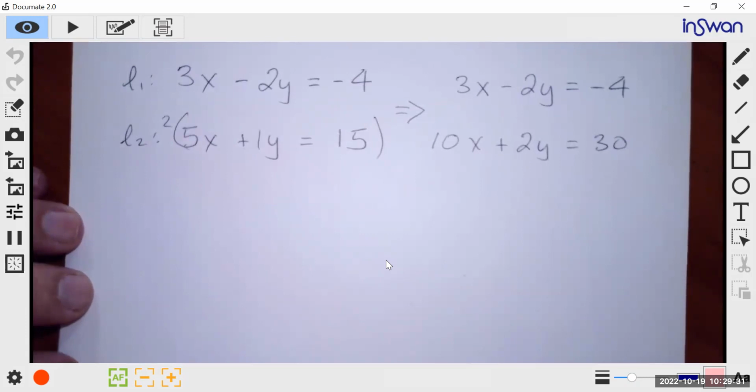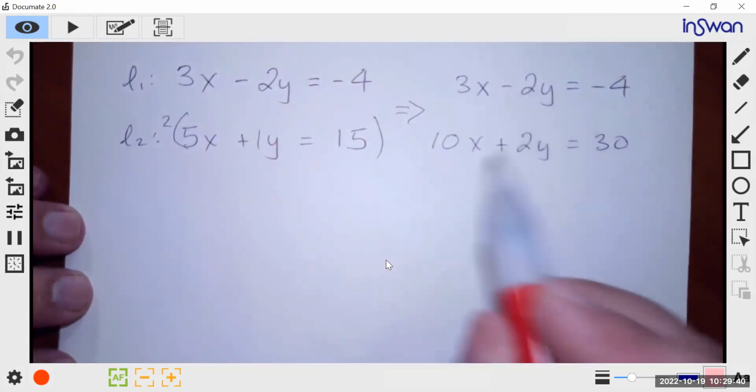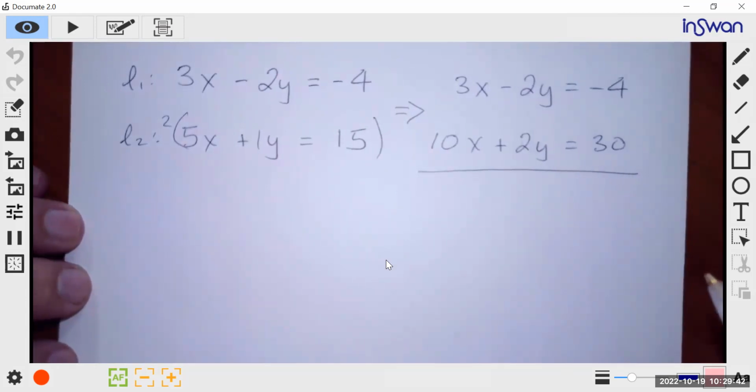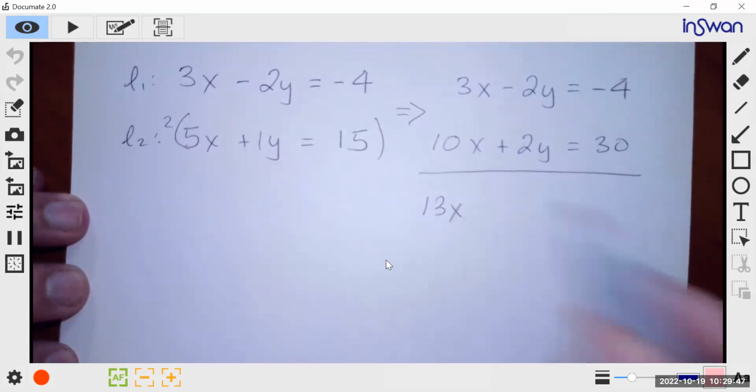Now what do we do? You have a variable that has the same number, different signs. Let's just add the equations. 3 plus 10 is 13x.